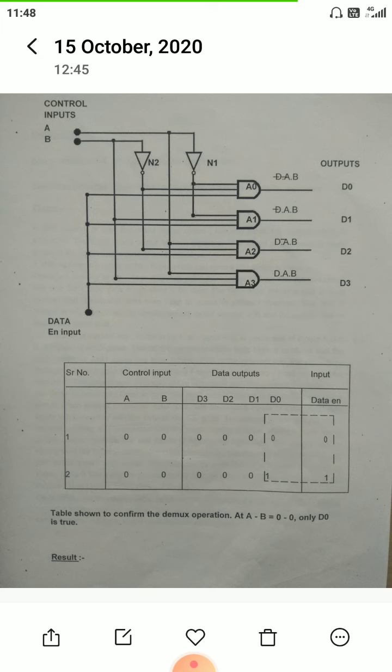and expression for D2 is, what is the expression? Expression is D dot A dot B bar. Okay, we have achieved it by inverting B and applying data enable and A directly to the input of AND gate 2, A2.